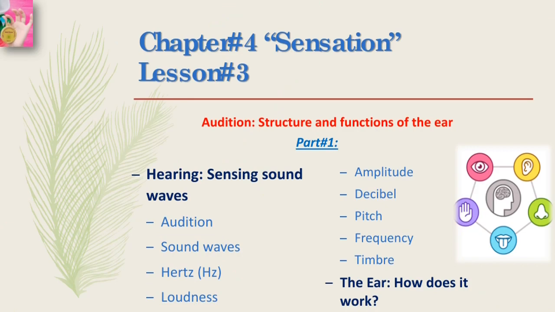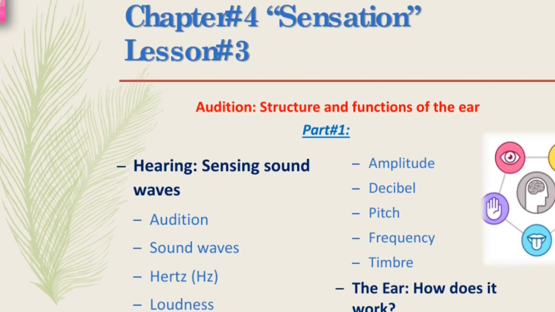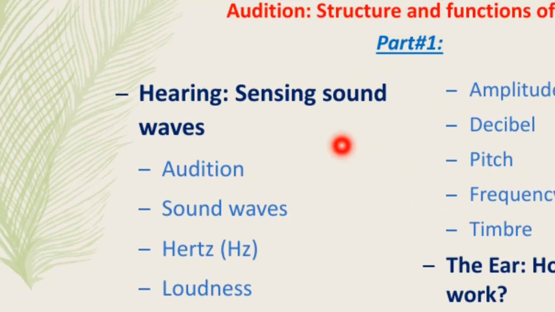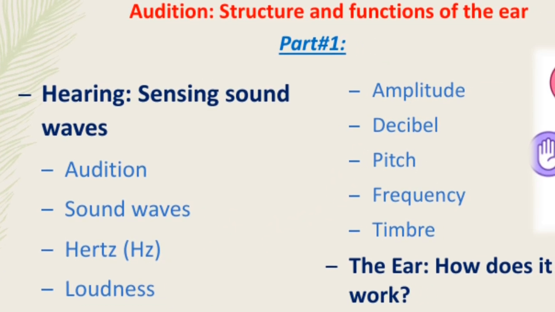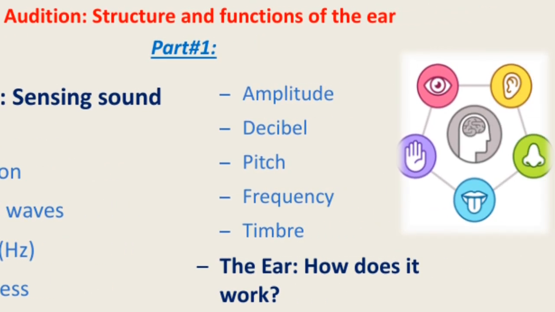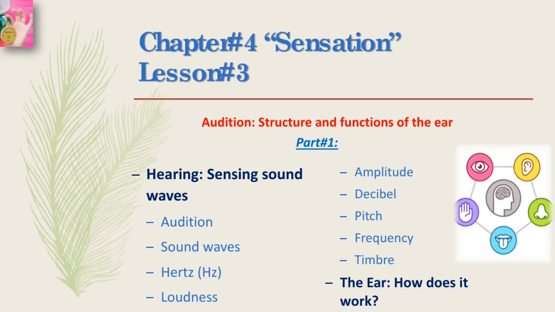In this video, we will discuss hearing and the sensing of sound waves. We will discuss some important terms: audition, sound waves, hertz, loudness, amplitude, decibel, pitch, frequency, and timbre. These are terms we will be using whenever we discuss the structure and function of the ear.